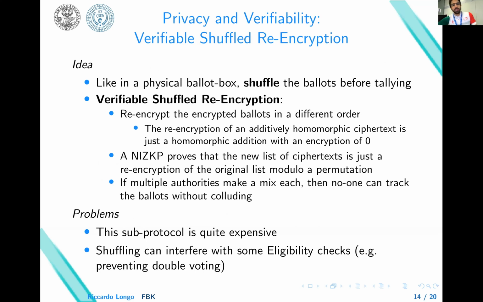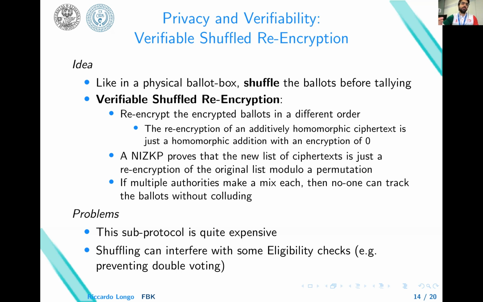Let's go on. Another possibility of preserving the privacy of the votes is to shuffle the ballots before tallying. That is, instead of directly decrypting the ballots as they are cast, we first shuffle them and then decrypt.